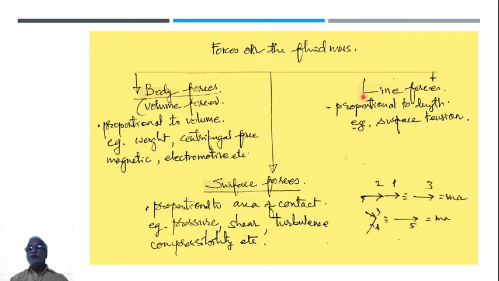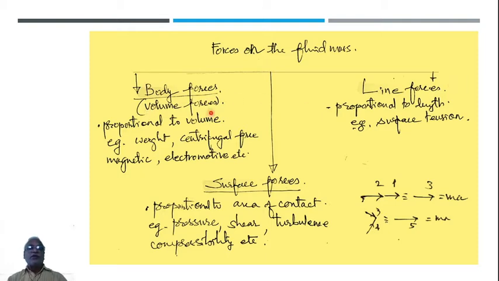You can start from this end: line forces, surface area forces, and volume forces or body forces. So body forces means volume is involved, surface forces means area is involved, and then line forces means it is along the line. Now we'll see one by one.